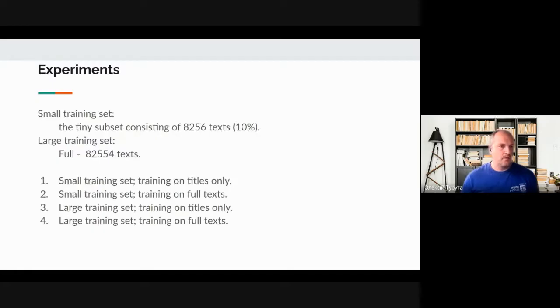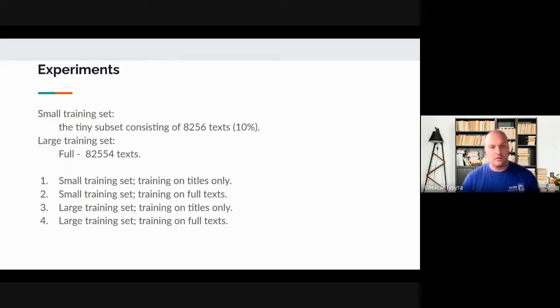Okay, let's go. The pipeline of our experiment: we try to benchmark our models on two parts of the dataset. First, 10% of the full dataset. It's a real situation in production when we don't have a lot of resources to train a model on a big dataset, or to label a big dataset.